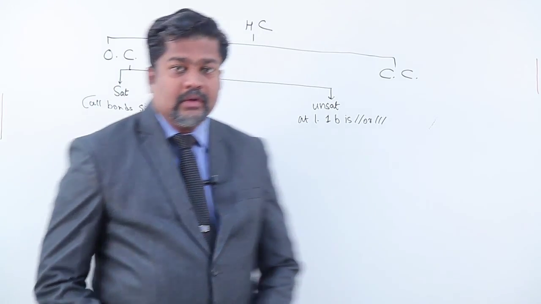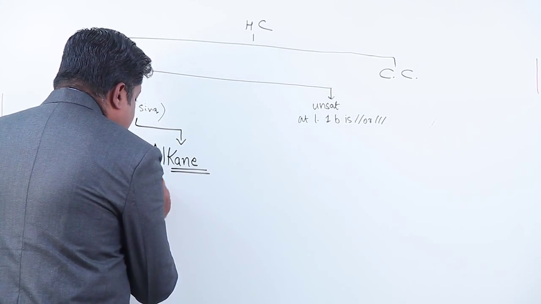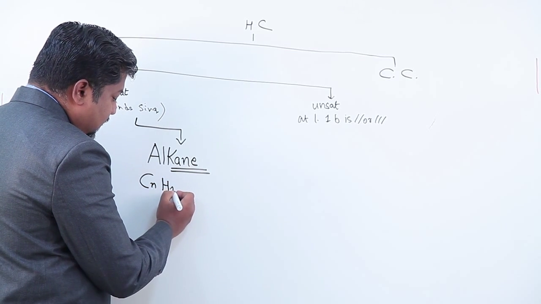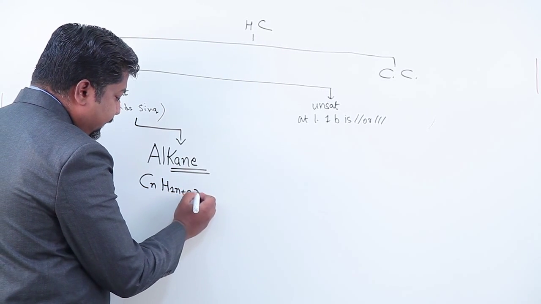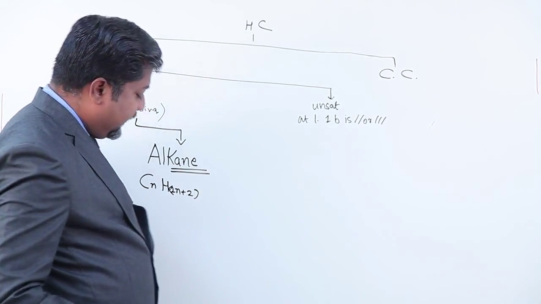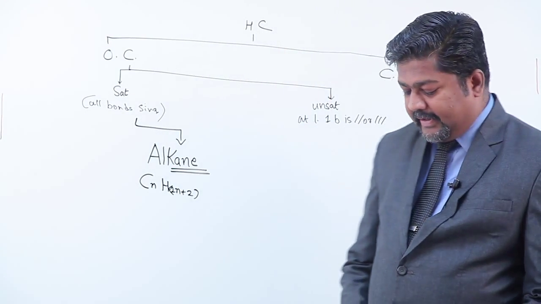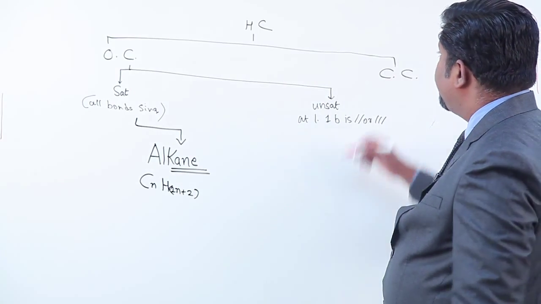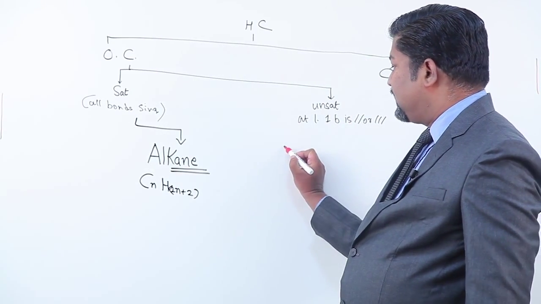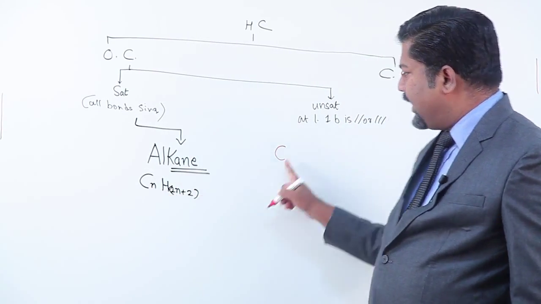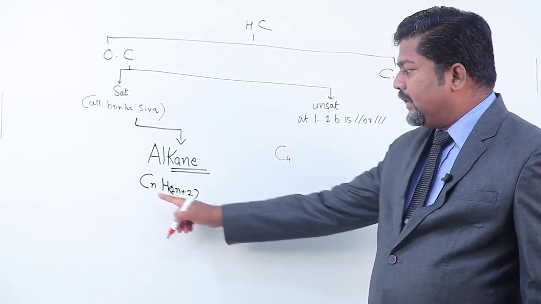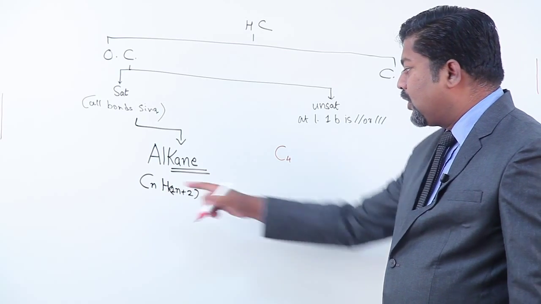Let us check out. It has the general formula CnH2n+2. So make a bracket here. Let me clarify. Say C, n. So I can put any number over here. Let me put the number 4. So if carbon is 4, what is the number of hydrogen?